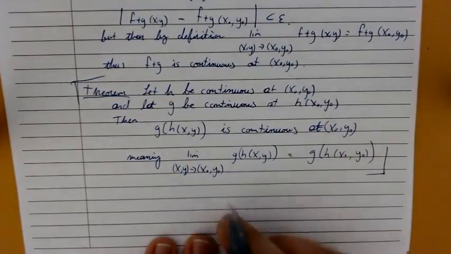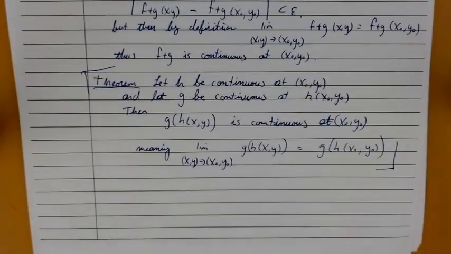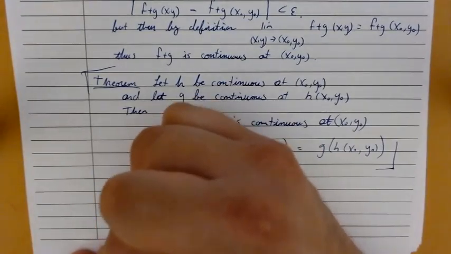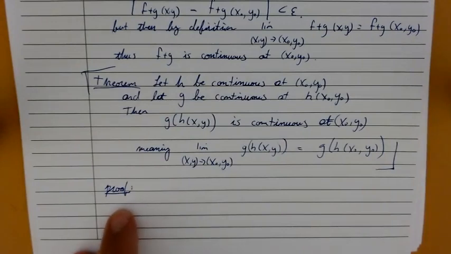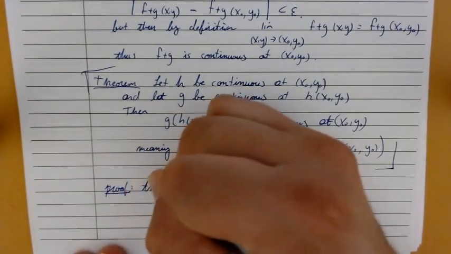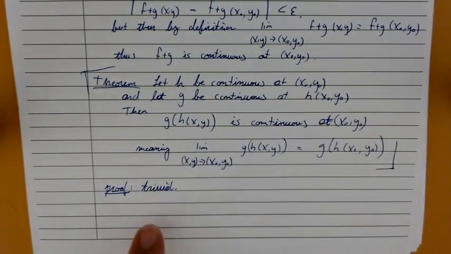The proof of this one is omitted for the exact same reason. It'll look just like one of these. So instead, let's go ahead and look at some examples. Here, proof. I'll write one thing that you'll see in a lot of upper level math books, and that's the proof is trivial. That's a sort of a bit of a joke.